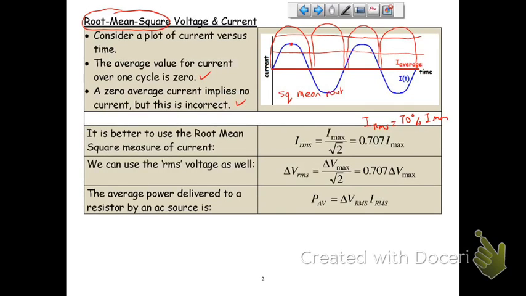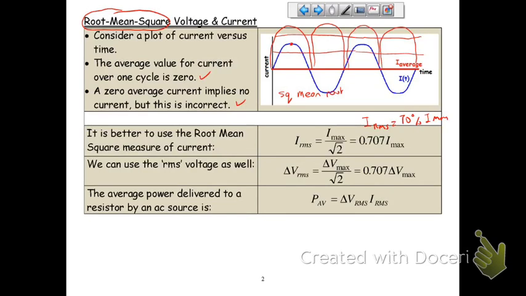You can work in RMS as if you were working with DC signals. The math all works, your circuitry all works. So you can take an AC circuit with resistors, and look at the power dissipation just the same way as with DC voltages and DC currents.